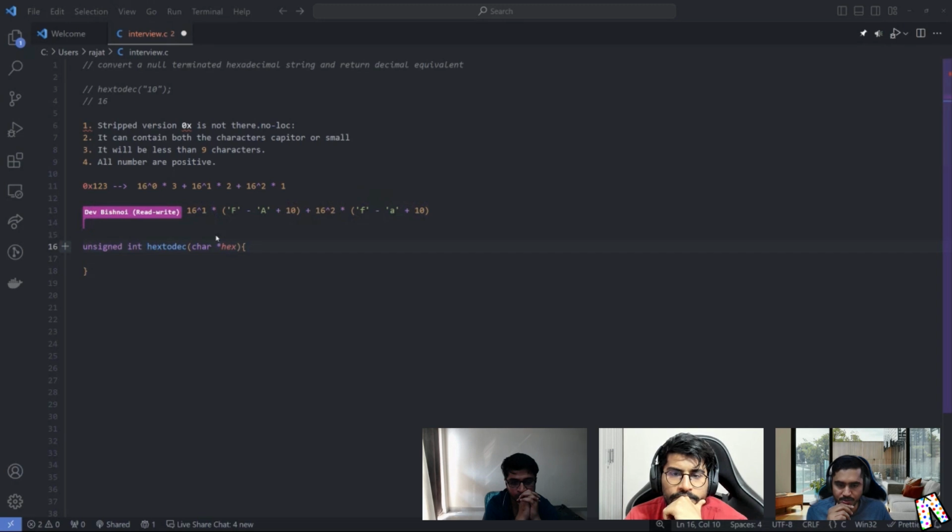So that would be the conversion to decimal. The important thing for me to note is that if I'm given a capital character, a small character, or a digit, I'll have to figure that out using some conditional operations, right? Okay. So that is what I'm thinking.